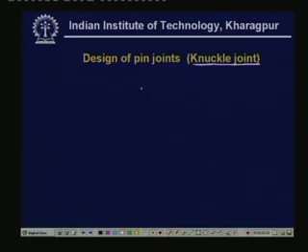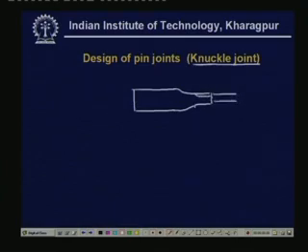So the knuckle joint has two parts. One is this, which has a hole in it.